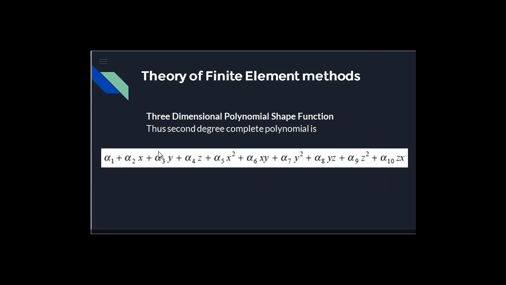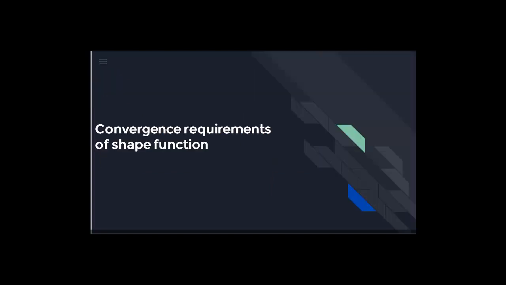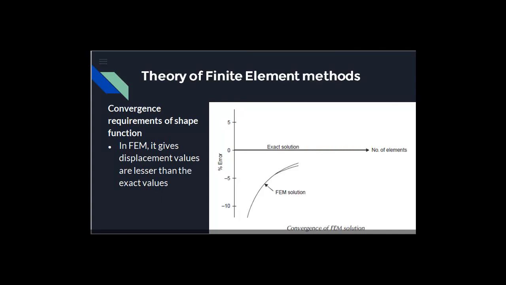So in finite element analysis, when we use a shape function, we need to look at the convergence requirements for the shape functions. The convergence requirement is nothing but the degree or level of accuracy closer to the actual solution for the assumed shape function. As the shape function, interpolation function or approximate function is used to calculate the unknown displacement in the finite element method, the value of the displacement found from the finite element method will be lesser than the exact values.